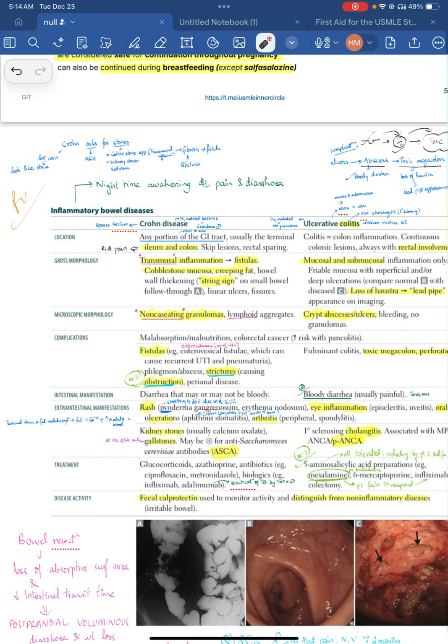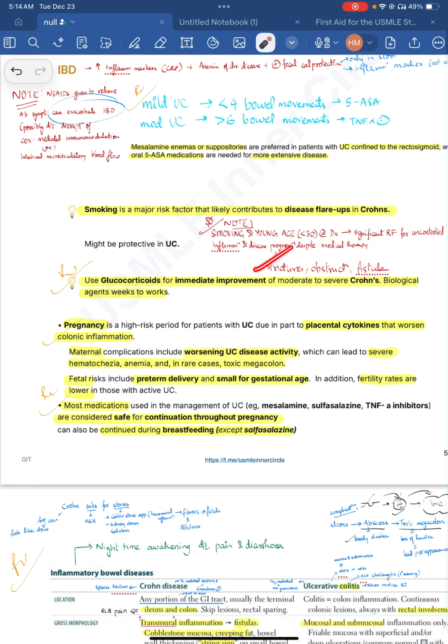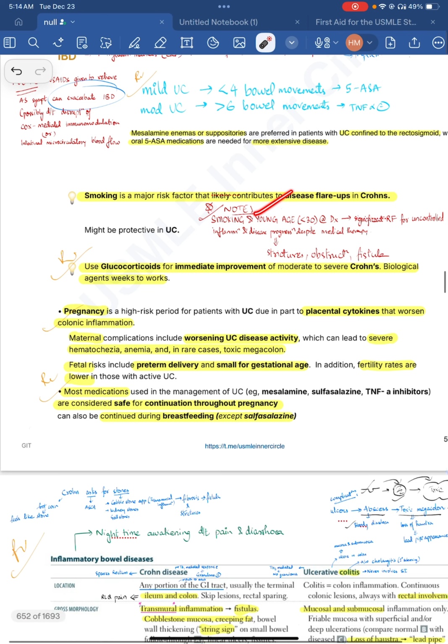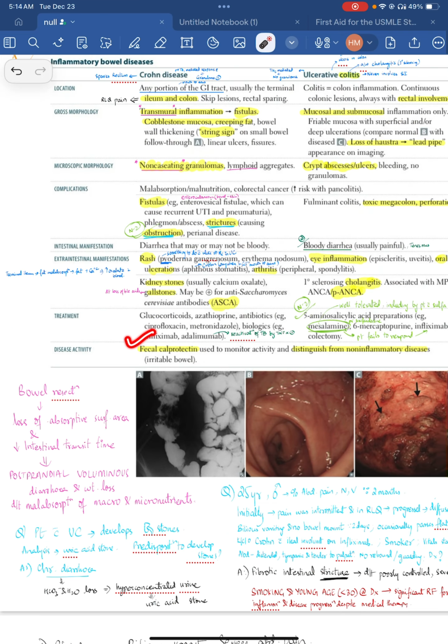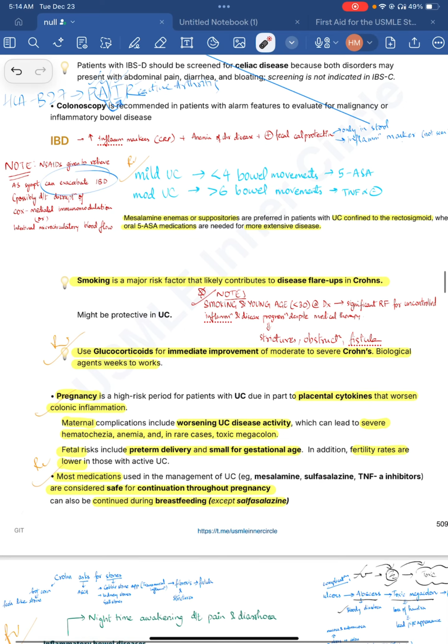If the patient has moderate to severe Crohn's disease and you need immediate improvement, then you can give them glucocorticoids, because glucocorticoids provide immediate improvement for moderate to severe Crohn's, and biologic agents like infliximab, adalimumab take weeks to show an effect.